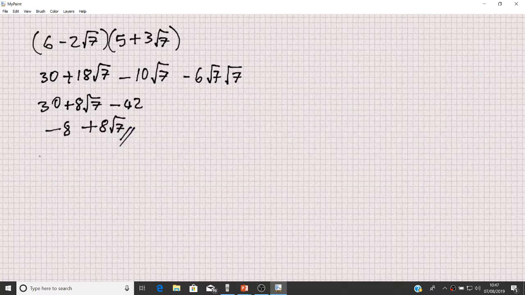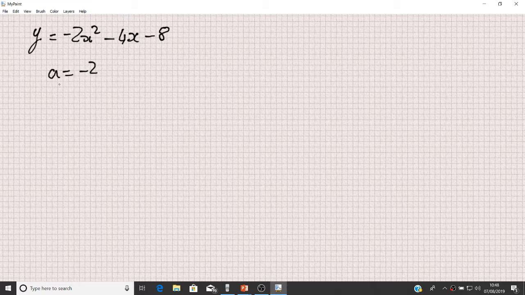So let's skip across to the notepad. We will be using the quadratic formula, so I'll just note a is negative 2, b is negative 4, and c is negative 8.